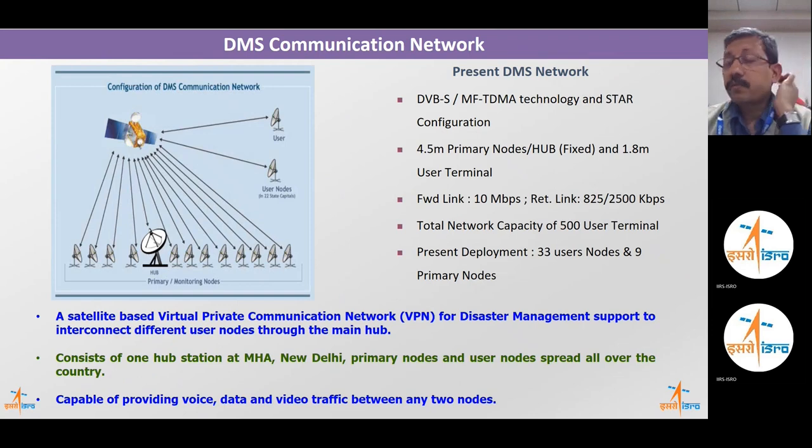We also have a very good communication network through a VPN-based system for disaster management support, because in the event of any disaster, it is the communication systems which are knocked out first. It consists of a hub station at the Ministry of Home Affairs in New Delhi, which is the primary node, and user nodes spread all over the country in every district. They have the capability to provide voice, data, and video traffic between any 2 nodes.